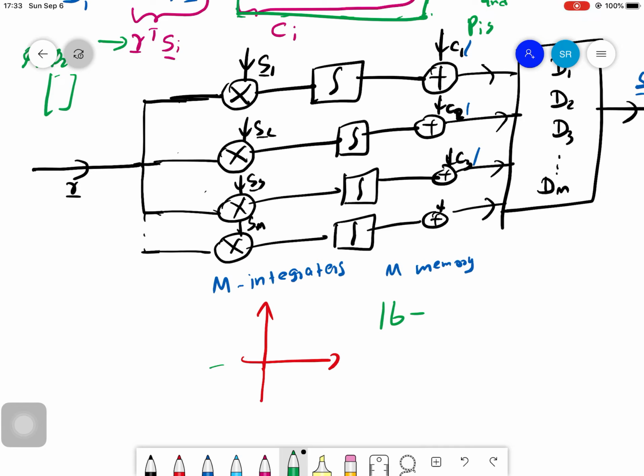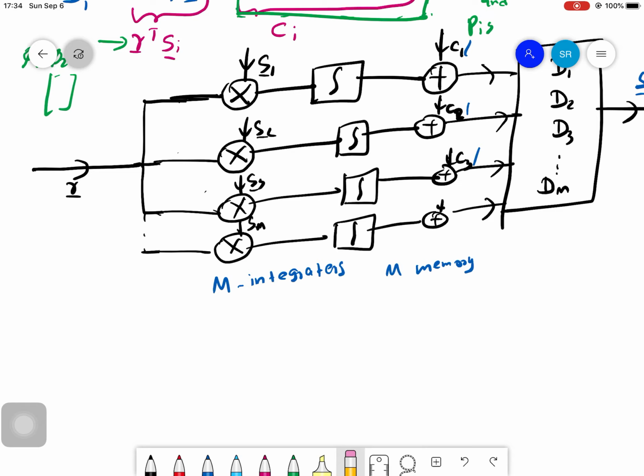If our signal set contains 1024 signals, we need 1024 integrators. It is pretty much costly. We have to bear a lot of integrators in order to implement this. So there is an alternative.